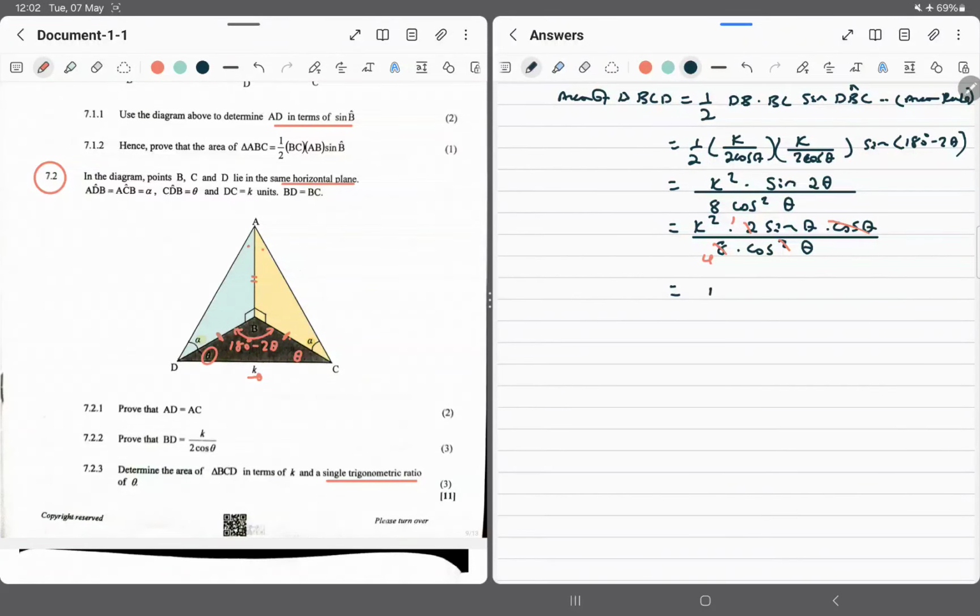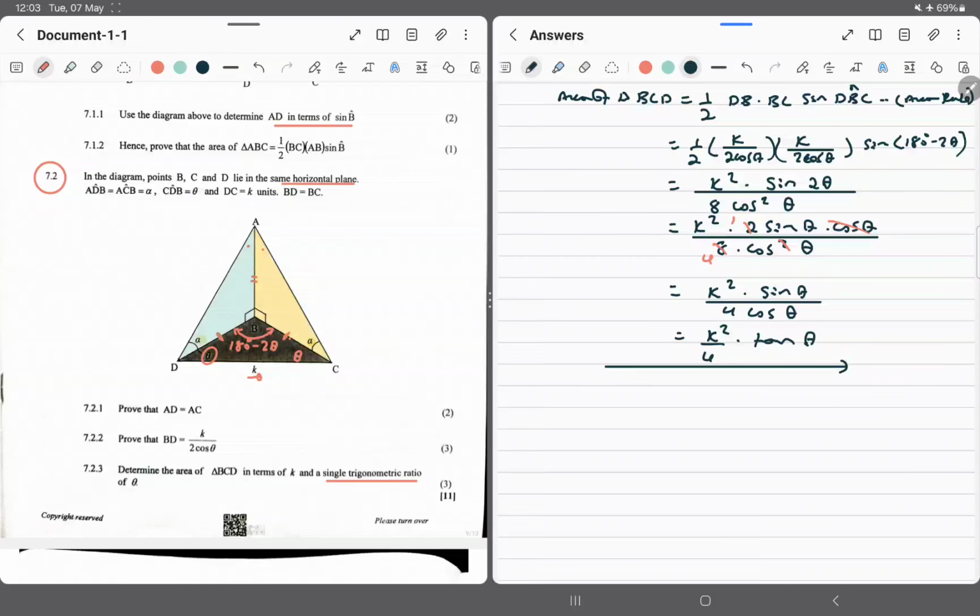We've got K squared times sine theta over 4 cos theta. So this is K squared over 4 times sine over cos, which is tan theta. So that is a single trigonometric ratio.